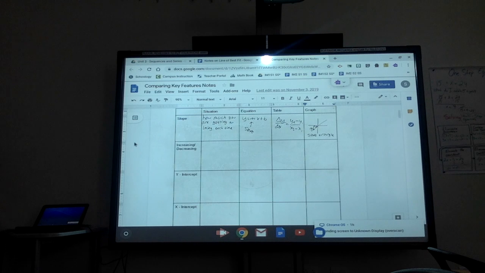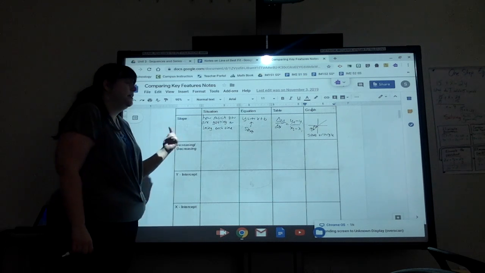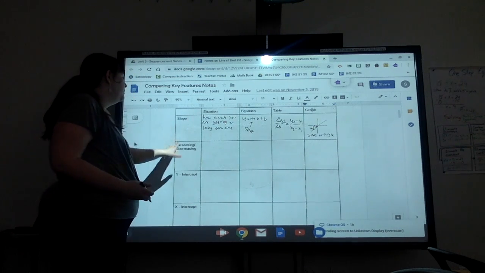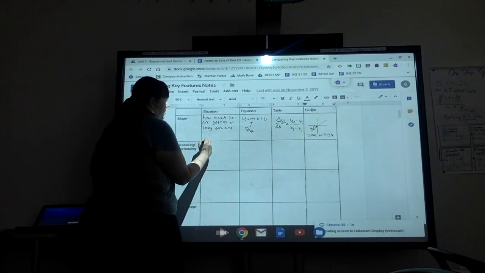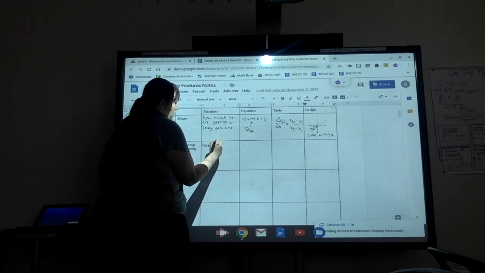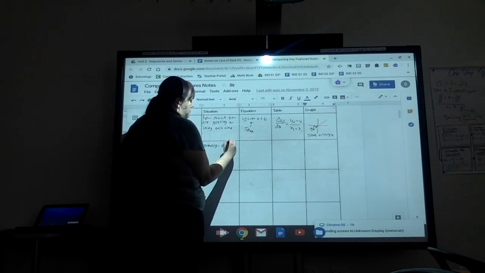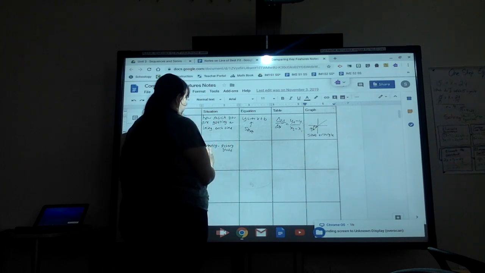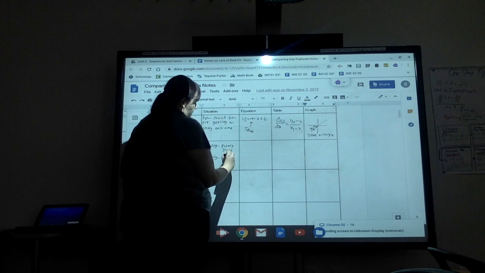Increasing and decreasing is based on slope. So if your slope is positive, if you're getting stuff, then you're increasing, you're going up. Because increasing means going up. So increasing is if you're getting stuff. And it'd be decreasing if you're losing stuff.